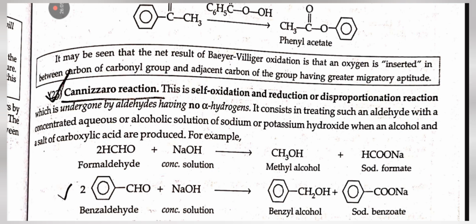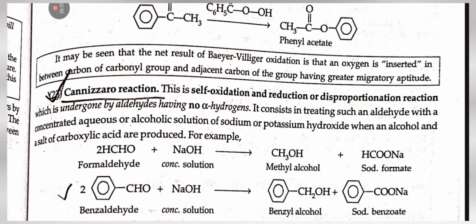For example, formaldehyde plus concentrated solution of NaOH will give methyl alcohol plus sodium formate. Second, benzaldehyde plus concentrated NaOH solution will give benzyl alcohol plus sodium benzoate.